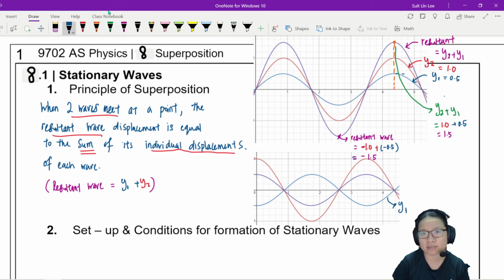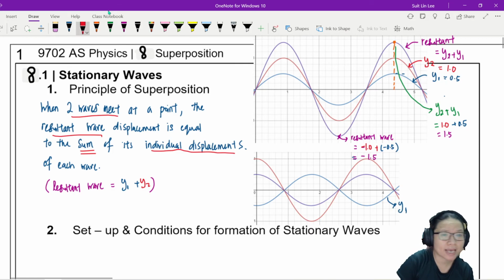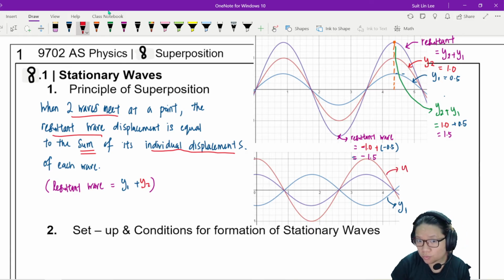Y1 is the blue color. Y2 is the red color. So you can see y2, the displacement is 1. Let's say I take this point also, this orange dotted line.